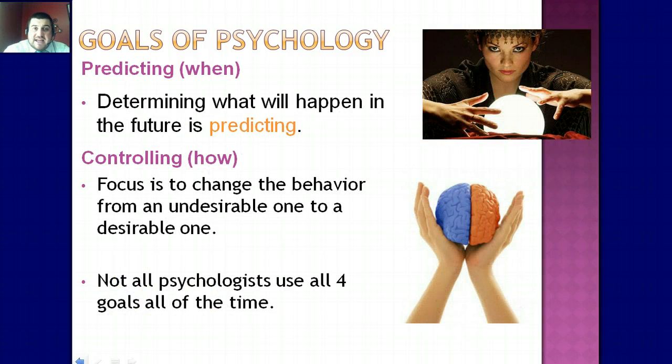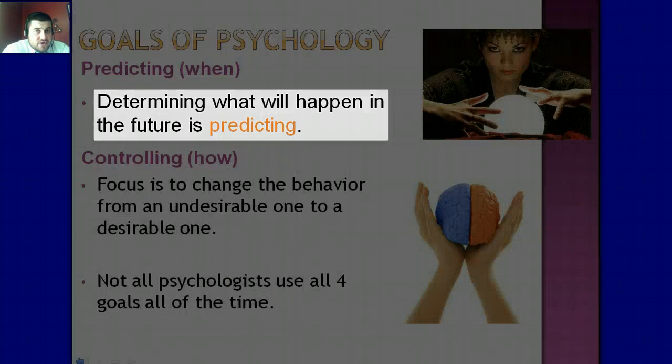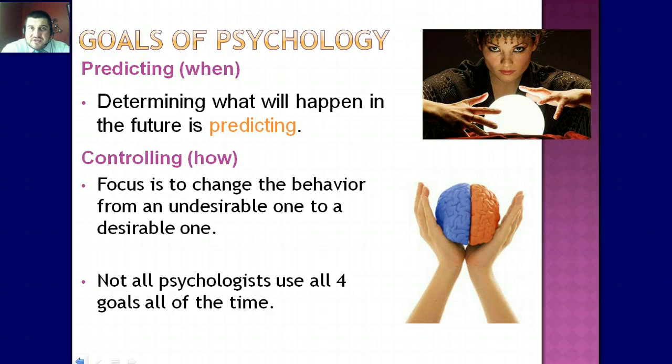After we explain the behavior or why it is happening, we try to predict when it will happen, and that is determining what will happen in the future. So this little girl who has developed a very negative attitude towards school, we may find that based on a similar situation, she will have a hard time concentrating and continue this pattern of behavior unless an intervention is done.